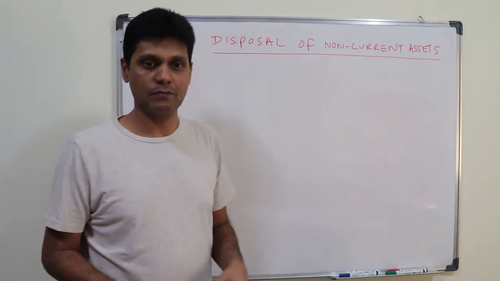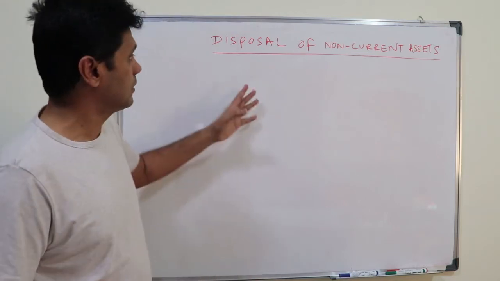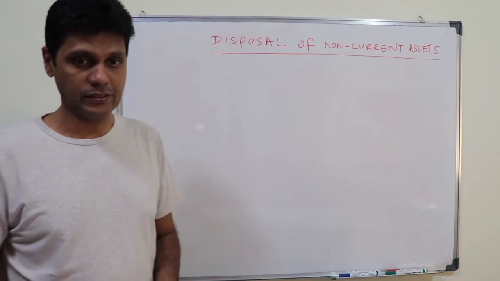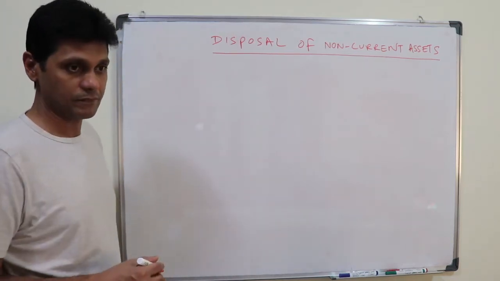Last week we discussed how to account for depreciation. Today we will discuss disposal of non-current assets. To explain this, I will take an example.